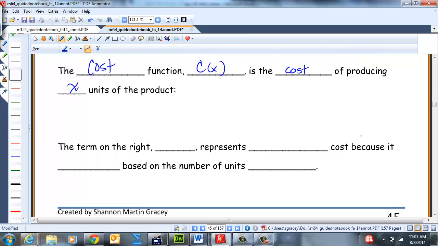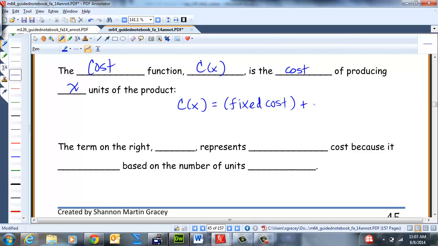Okay, and the cost function, which is denoted C at X, is the cost of producing X units. Now for the cost function, what happens is you get this cost function in X, and that's going to be equal to whatever the startup or fixed cost is. And then you have to add the cost per unit. It costs money to produce each unit.